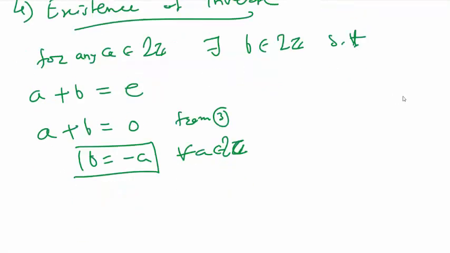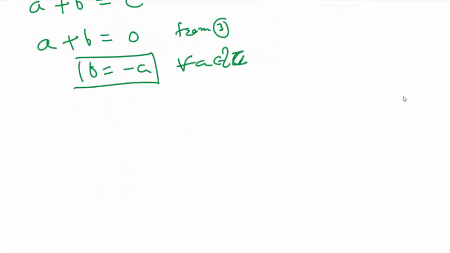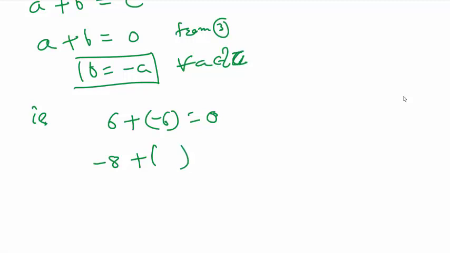That means for the inverse of, say, 6, there exists minus 6 such that the sum is equal to 0. If you take minus 8, there exists plus 8 and that is equal to 0.